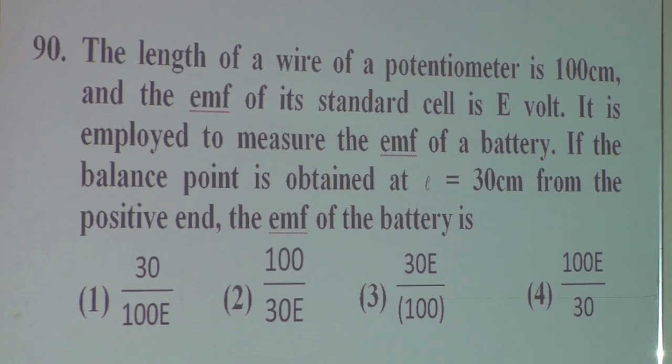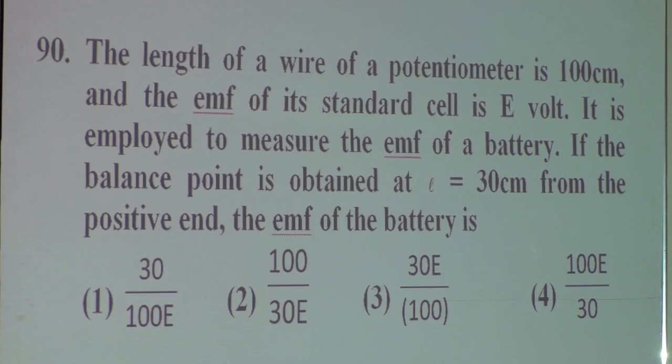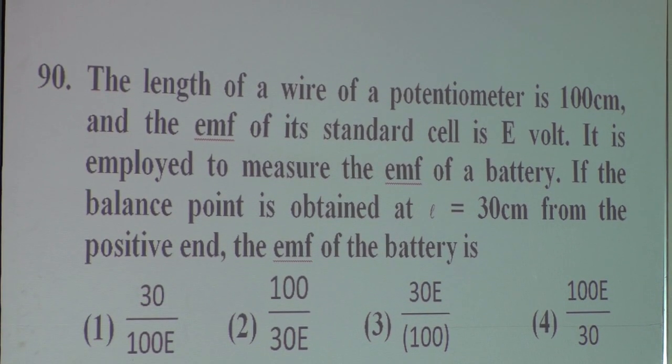The length of a wire of a potentiometer is 100 centimeter and the EMF of its standard cell is E volt. It is employed to measure the EMF of a battery. If the balancing point is obtained at L equal to 30 centimeters from the positive end, the EMF of the battery is... Very easy problem. Once it was asked in a JEE level examination.